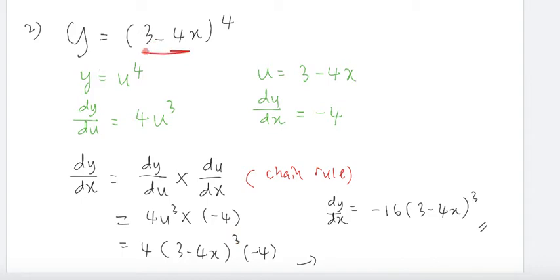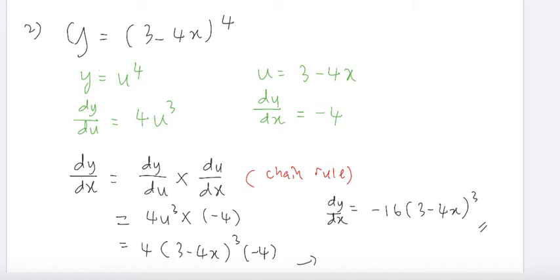And inside, you differentiate, you get negative 4. Then you expand this and simplify it. Answer, done. Okay? So this is what we call using the composite function, the first derivative of a composite function.